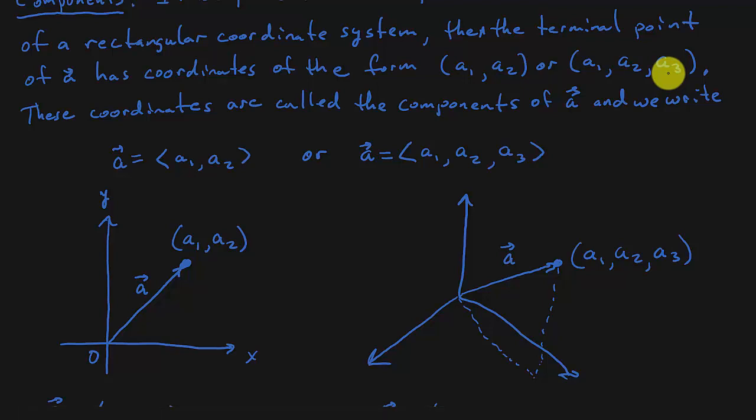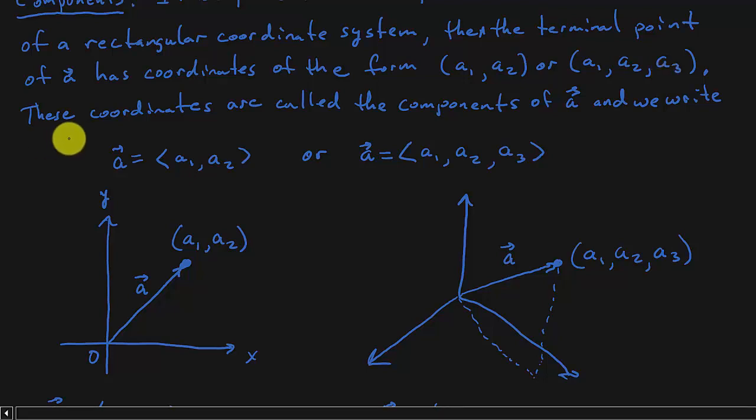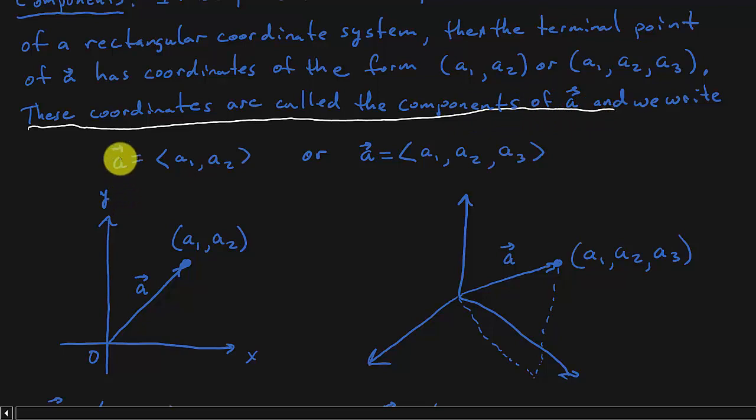These coordinates are called the components of vector A, and we write vector A is ⟨A1, A2⟩. Notice the angle brackets, and remember what this says. These coordinates are called the components of vector A. And so the way that we can represent a vector is vector A is ⟨A1, A2⟩.